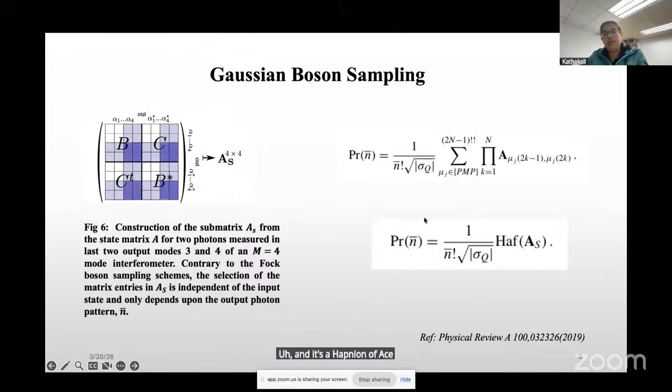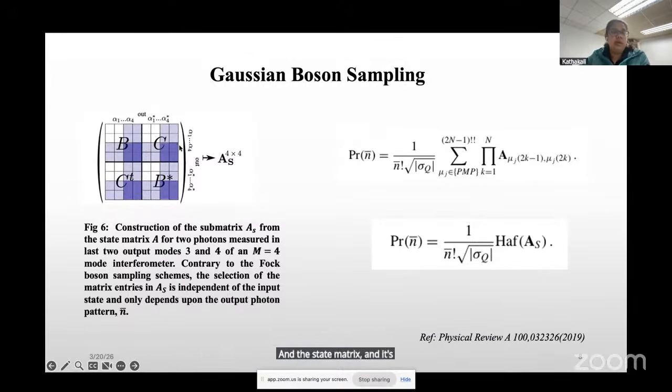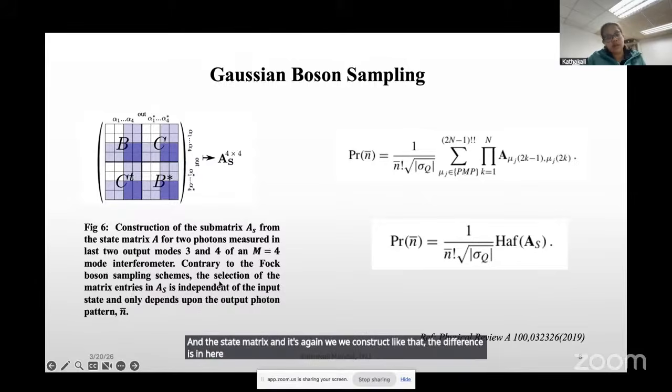Now, how could we calculate the AS? AS is also a submatrix of A, the state matrix, and it is constructed like this. The difference is that AS does not depend on the inputs, only on the output distribution.